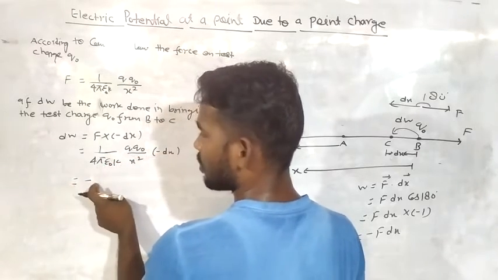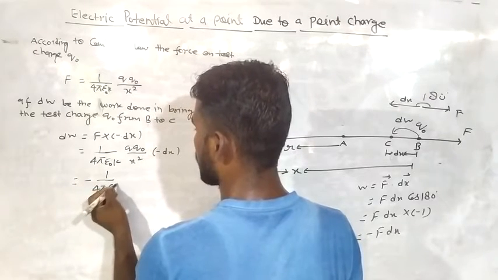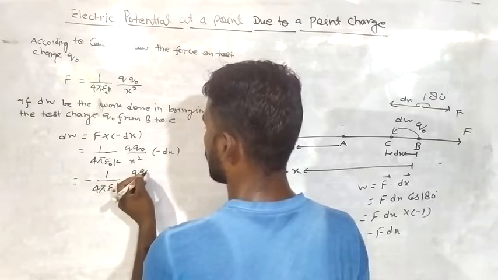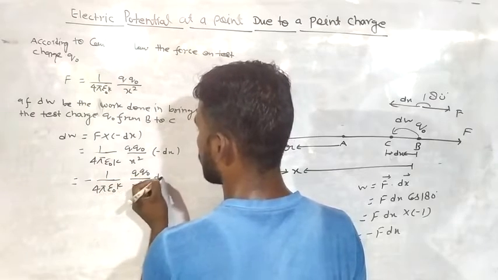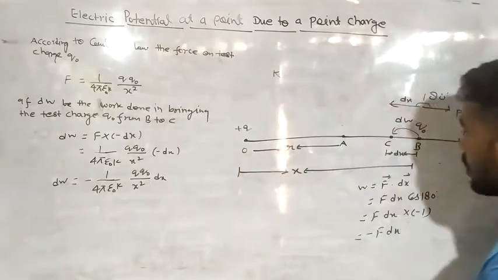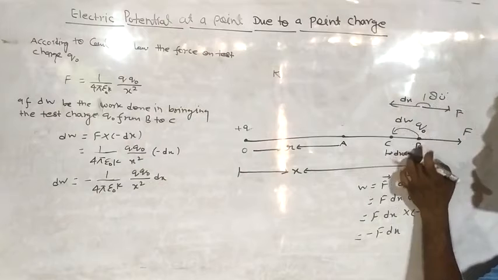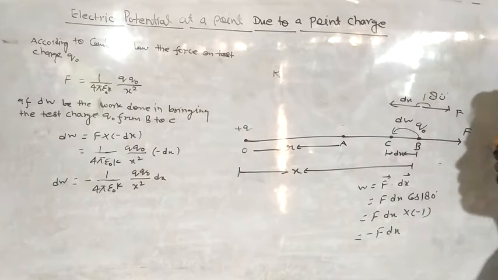So minus will be in front: minus 1 upon 4 pi epsilon naught K Q Q naught upon x square into dx. This is the value of work done in bringing the test charge through a small displacement from B to C.